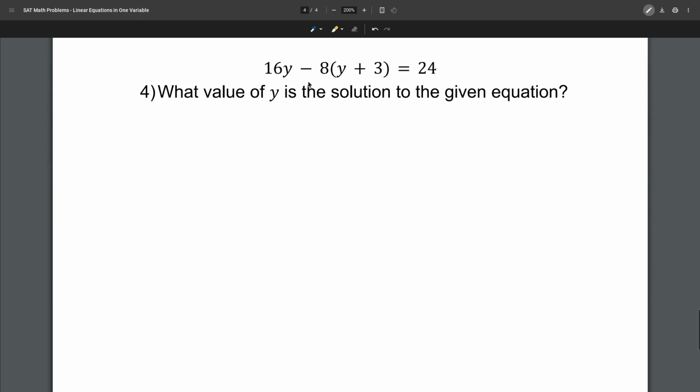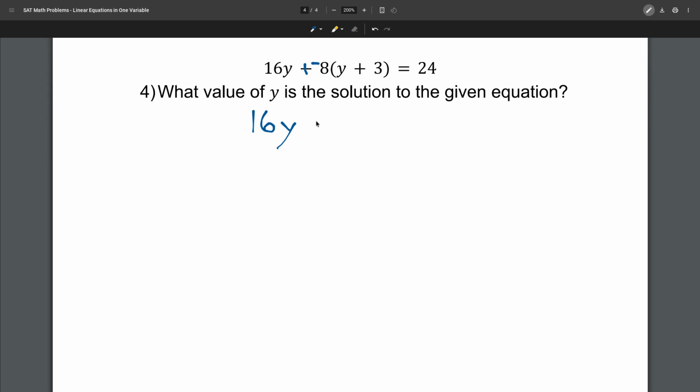Okay, in this one we have 16y minus 8 times the quantity y plus 3. That equals 24. So we have 16y. And really this is like plus negative 8.